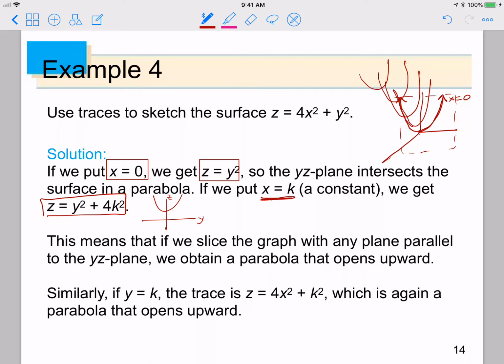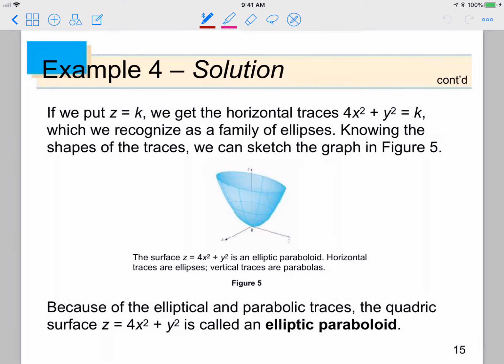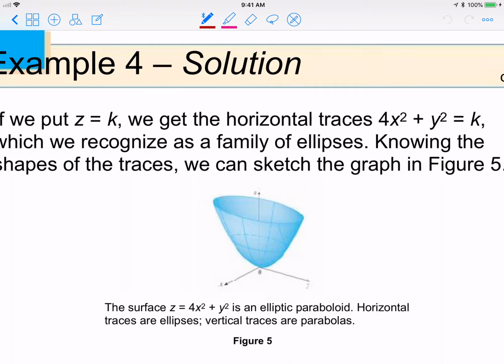The bigger k is, the higher our parabola is shifted up. And if k is negative, we've got symmetry here. So we've got parabolas that are getting higher and higher. Does that make sense?